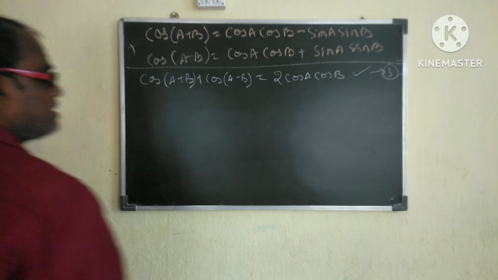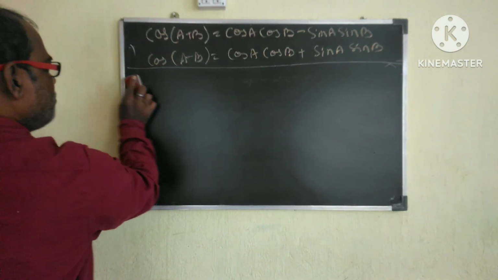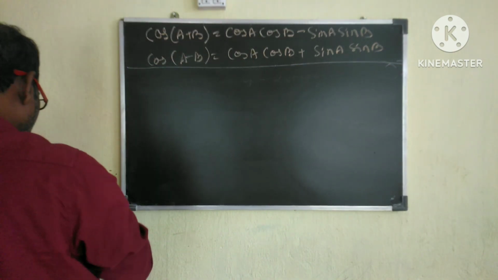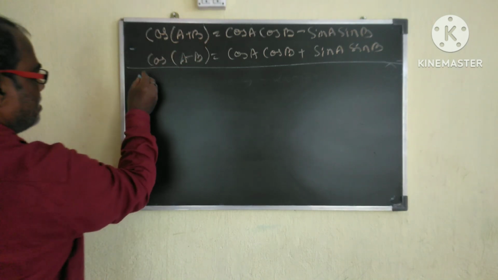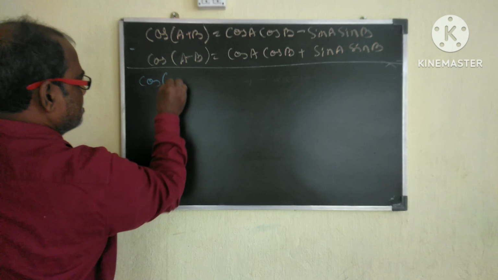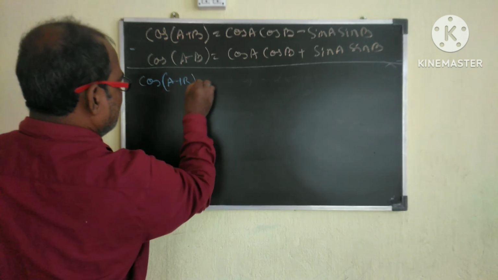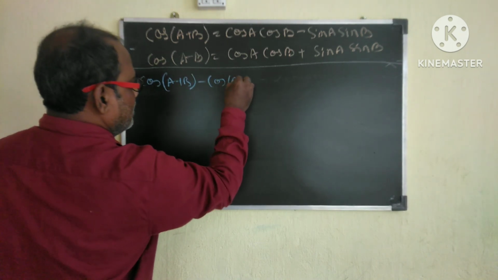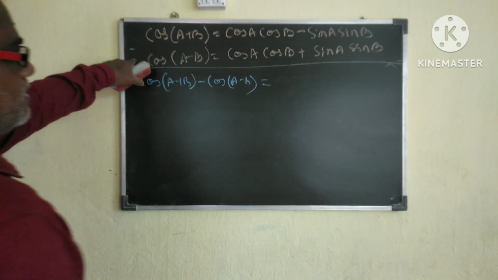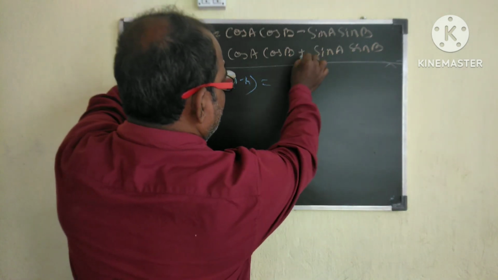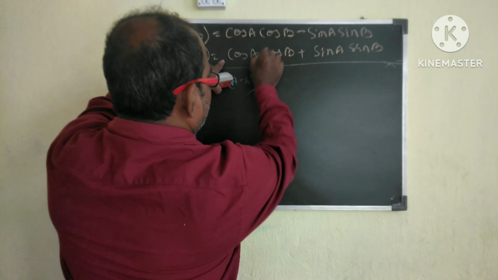Now suppose instead of adding, we do subtraction, then what do we get here? We get cos a plus b minus cos a minus b equals, since we are doing minus here, this becomes minus and this becomes minus, so this 2 gets cancelled off.